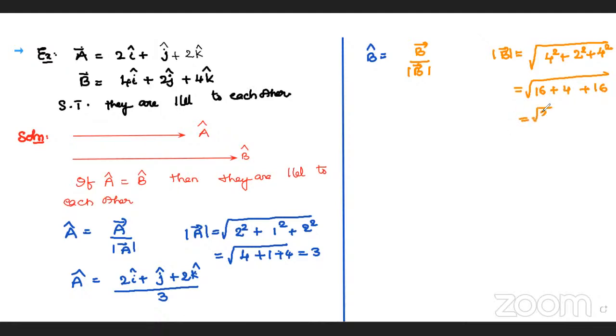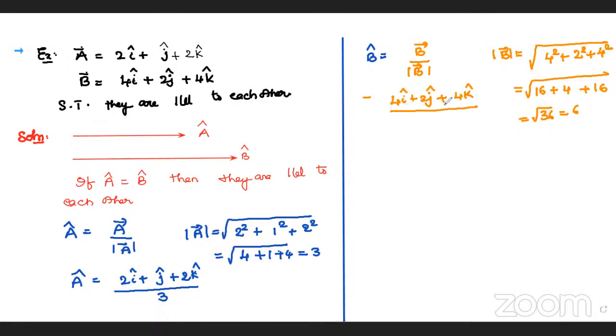Root 36 is 6. So I am going to substitute here: B cap equals B bar, 4i cap plus 2j cap plus 4k cap, upon 6.